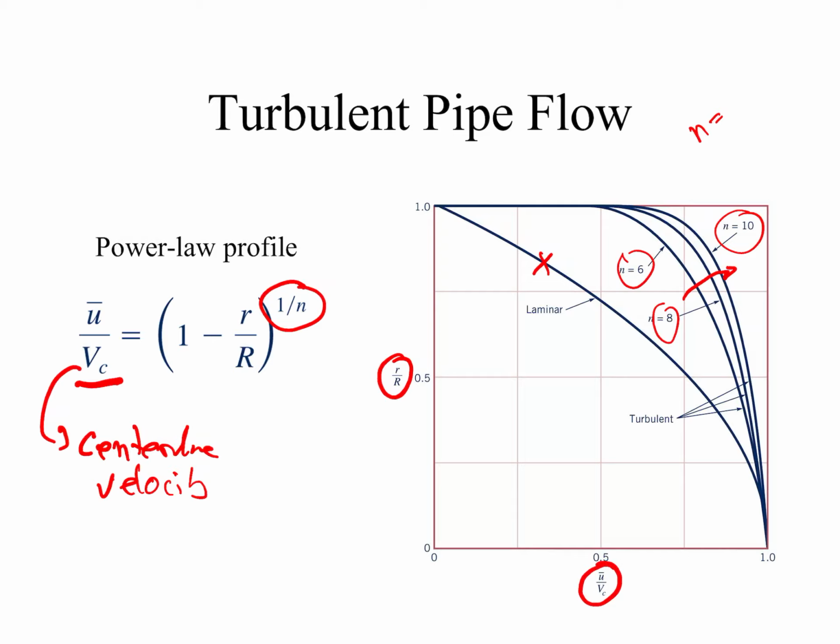Here we're starting at r equals 0, the center of the pipe where the velocity is maximum, vc, and then out here, this is the wall. Of course the velocity has to go to 0 at the wall. So being able to sketch this pipe flow velocity profile is very important.